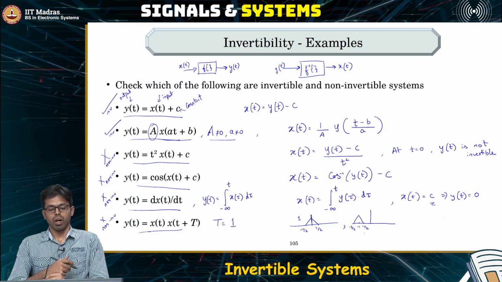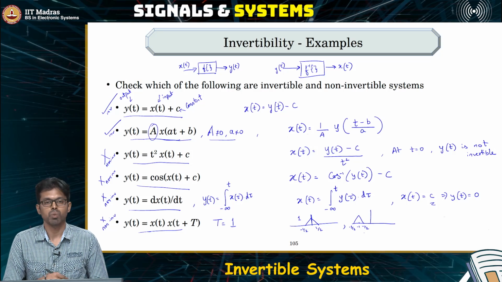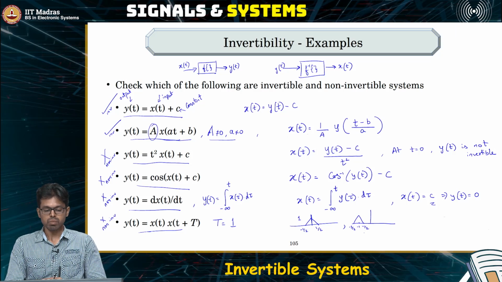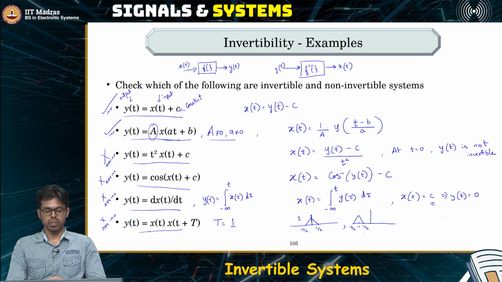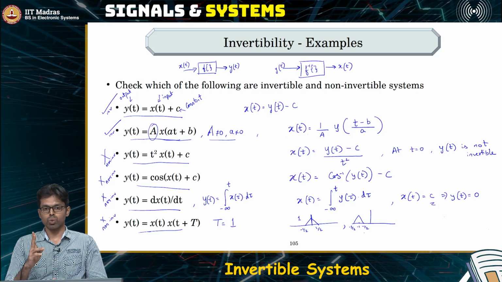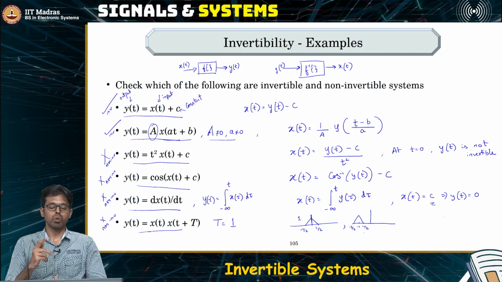So if you are asked to find out whether a given system is invertible or non-invertible, to say that it is non-invertible is very easy. All you have to do is find two inputs such that their outputs are the same.